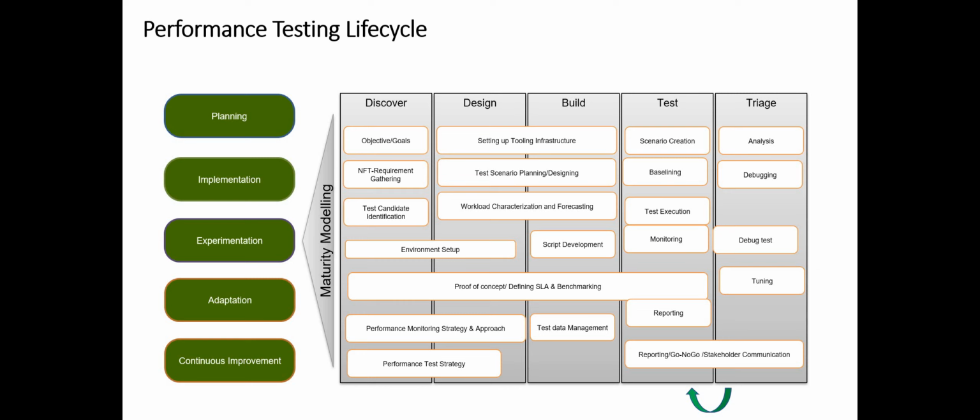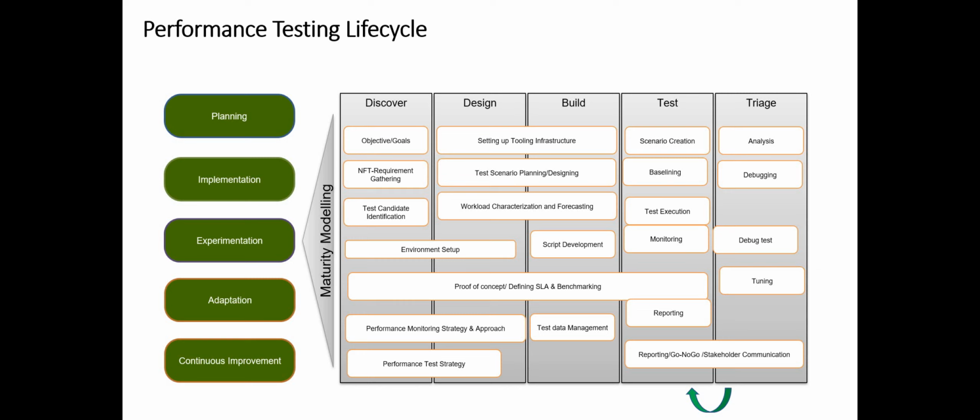Now we need to build the scenario in the tool. We need to build how we are going to mimic the workload, in what pattern, and things like the ramp-up time. Ramp-up is how many users are spun up, and at what rate requests move to the system. We'll cover that in detail. So we need to build the actual scenario in the actual tool. That's called scenario creation.